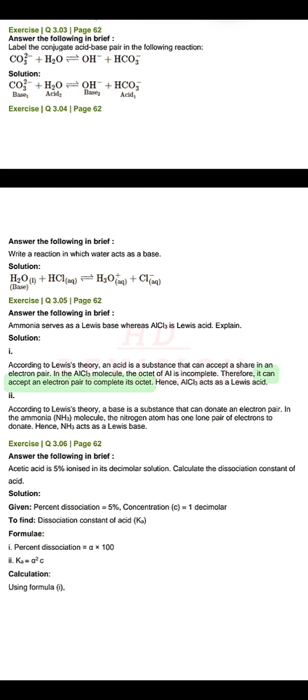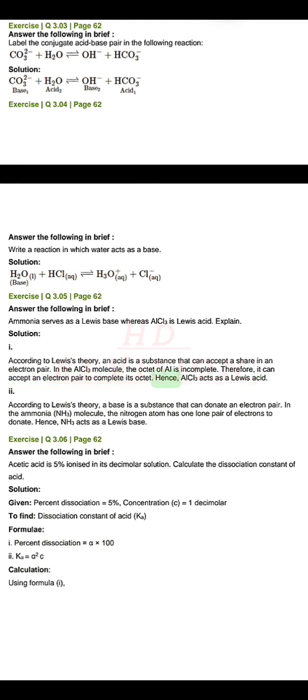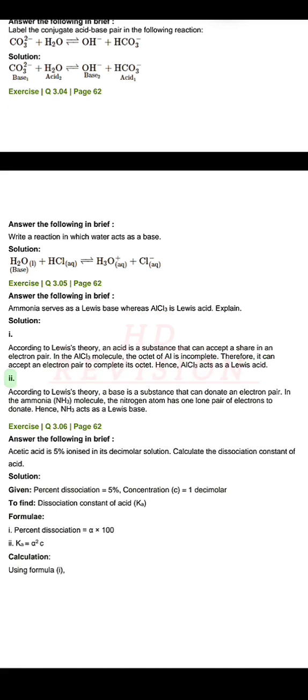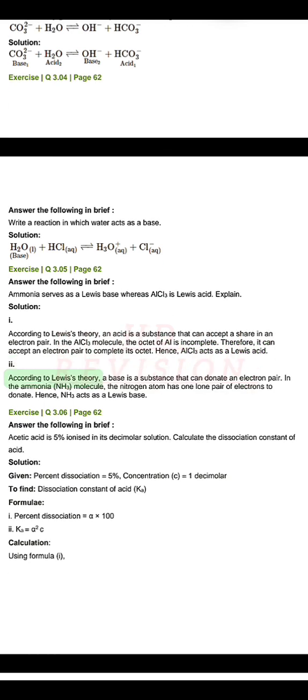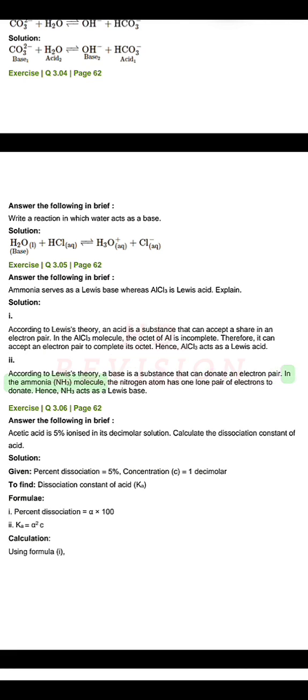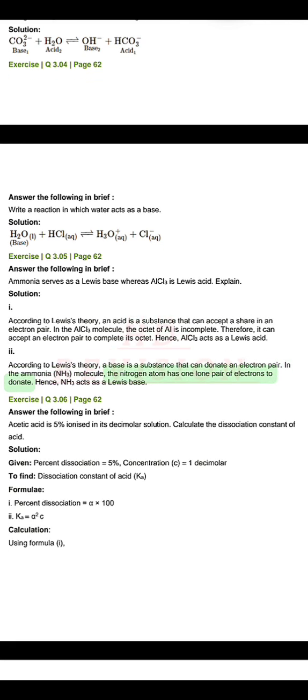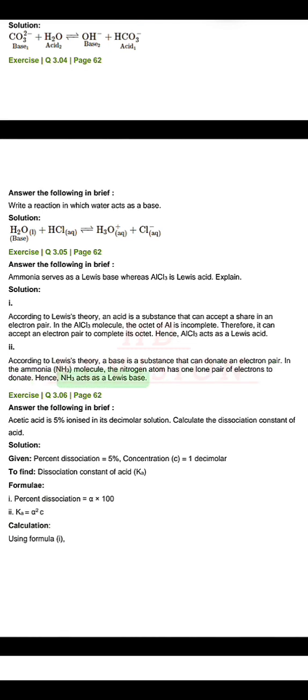Therefore, it can accept an electron pair to complete its octet. Hence, AlCl3 acts as a Lewis acid. According to Lewis's theory, a base is a substance that can donate an electron pair. In the ammonia NH3 molecule, the nitrogen atom has one lone pair of electrons to donate. Hence, NH3 acts as a Lewis base.